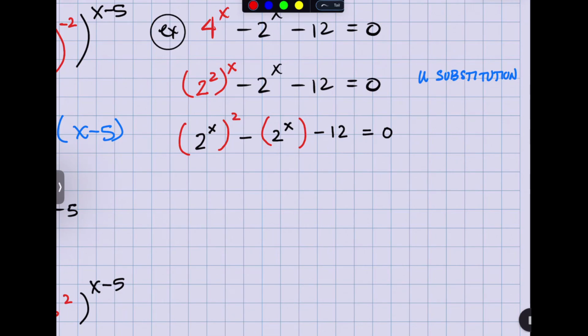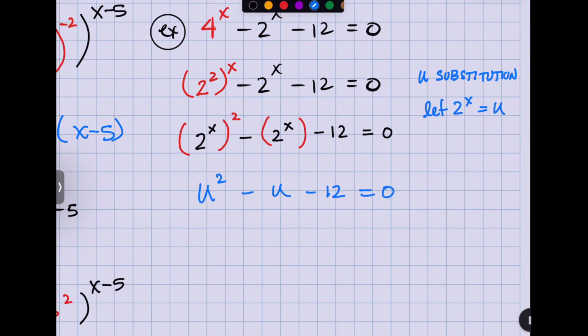Okay. So with U substitution, all I'm doing is I see that the 2 to the x is in common. So I'm going to go ahead and let 2 to the x equal u, hence a U substitution. So if I did that, I'll have u squared minus u minus 12 equals 0. That's a quadratic.